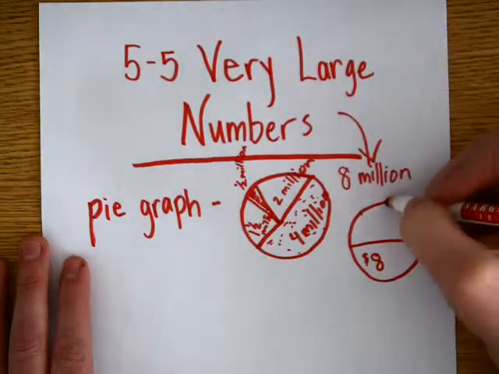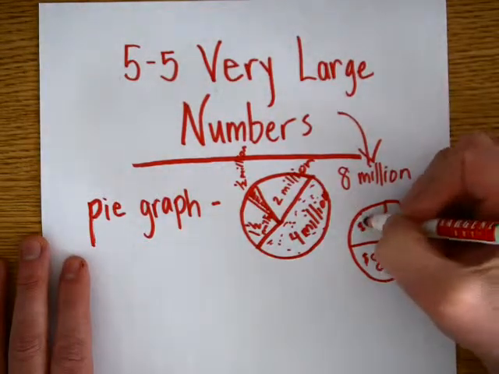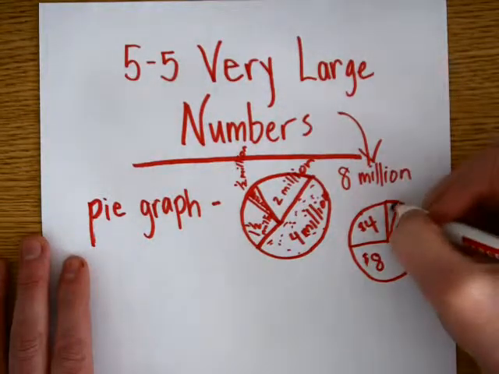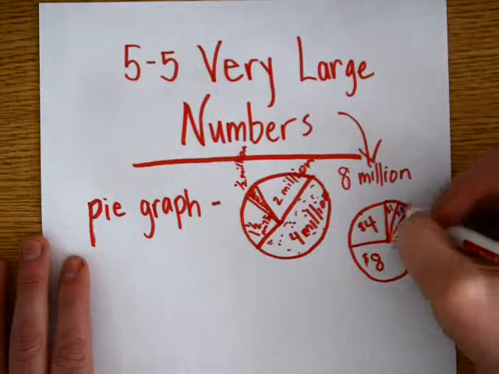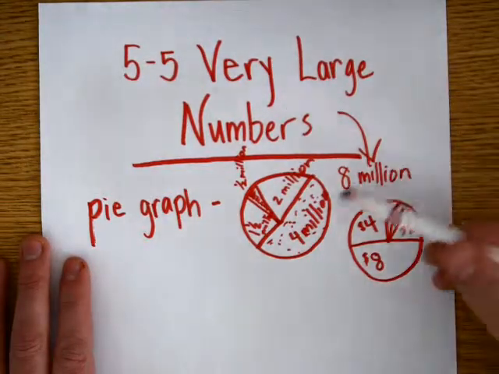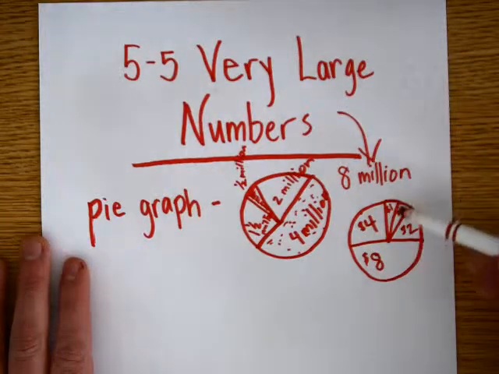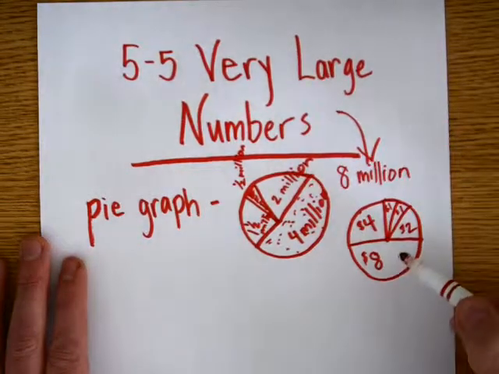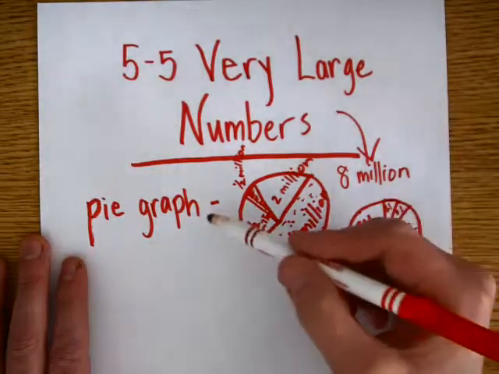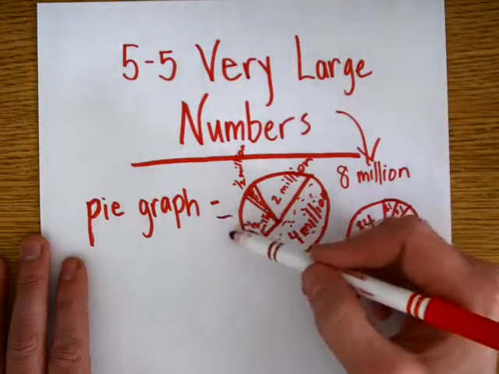This friend has $4. And maybe there's 2 friends that have $1 each, and 1 friend has $2. So you see how it all comes together, and it's all based on size. You wouldn't see the $1 in the big piece and the $8 in the smaller piece. So a pie graph depends on how big the pieces are.